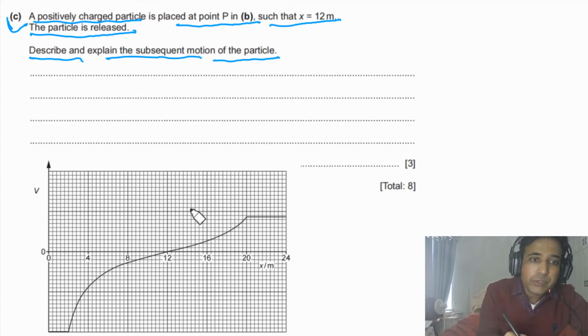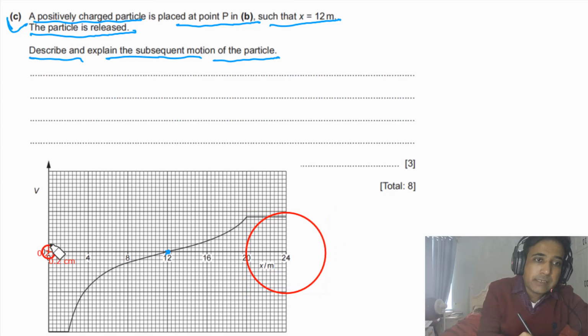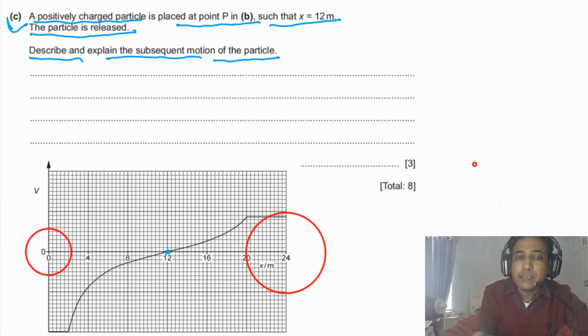First of all, we need to understand the direction of the electric field at this point. We have already discussed that sphere X is positively charged and sphere Y is negatively charged. So let me draw here.